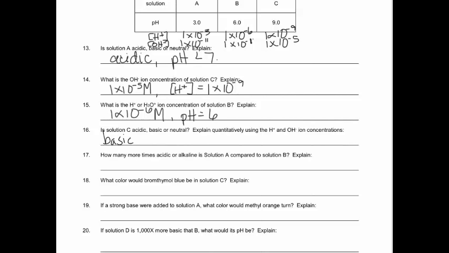And this time it's really specific about how we're going to justify this. We have to do it quantitatively, which means with numbers, using the H plus and OH minus concentrations. I've already figured those numbers out, so I can just write them in. For the H plus concentration, it is 1 times 10 to the negative 9, which is a much smaller number than the OH minus concentration, which happens to be 1 times 10 to the negative 5.